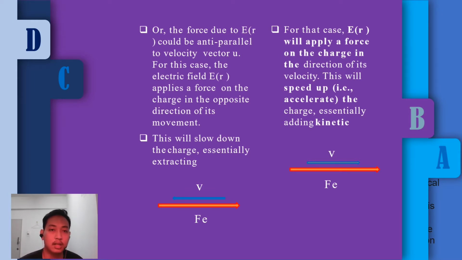For this case, the electric field applies a force on the charge in the opposite direction of its movement. This will slow down the charge, essentially extracting kinetic energy. So it is the opposite direction.